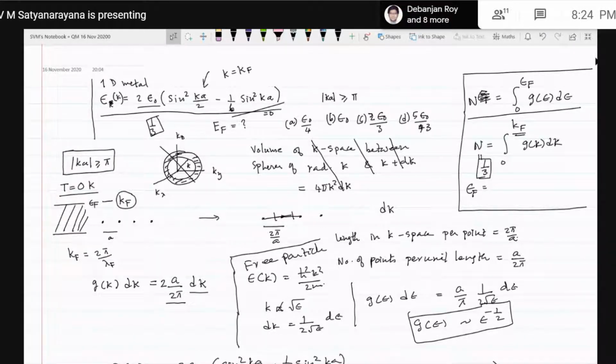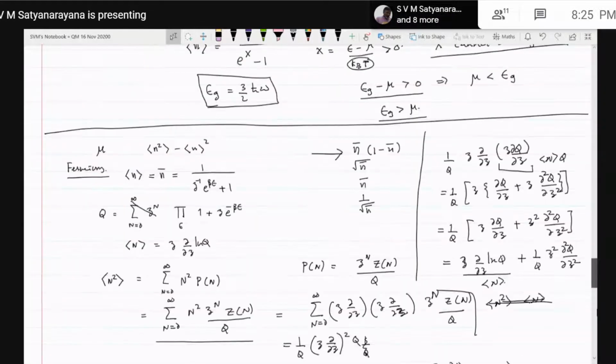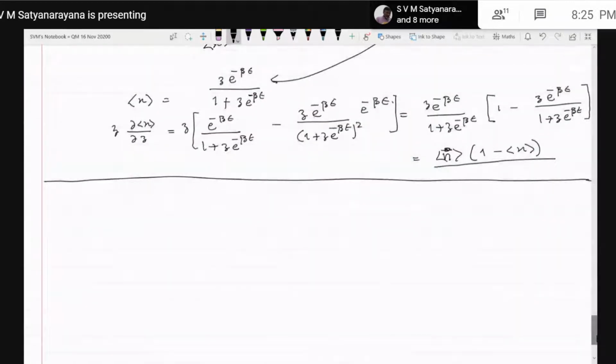Whatever we have discussed here, this seems to be the way that we have to do. So you can say that n is equal to integral from 0 to, let's say, some kf, this is a Fermi wave vector, and g of k dk.